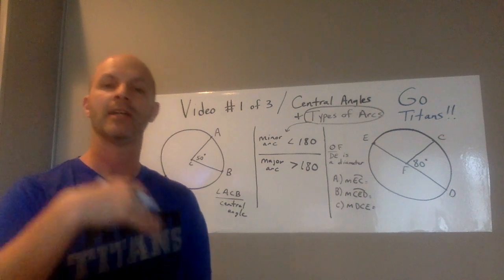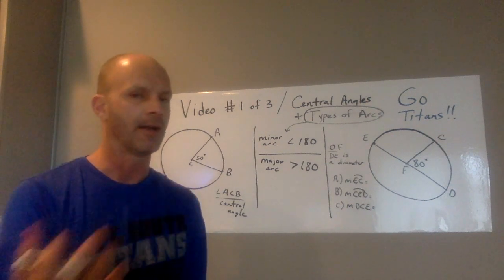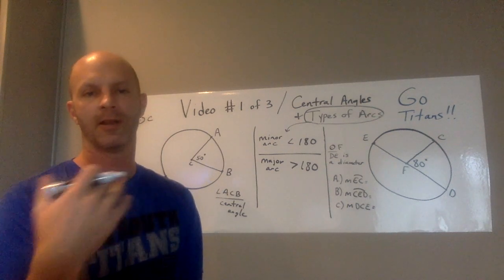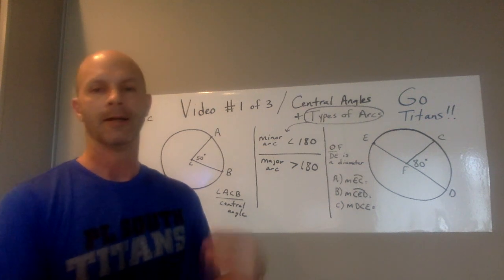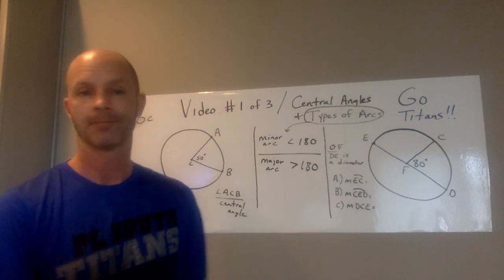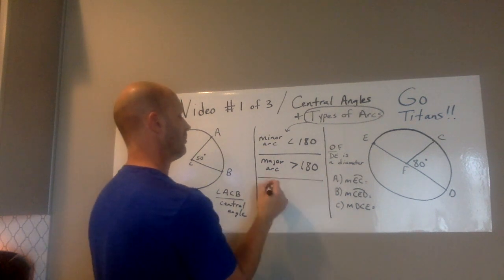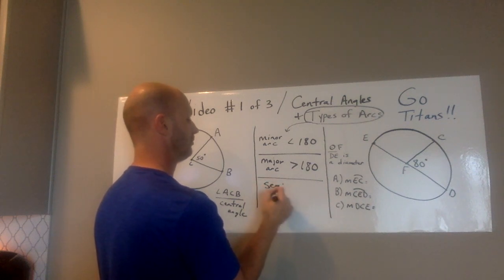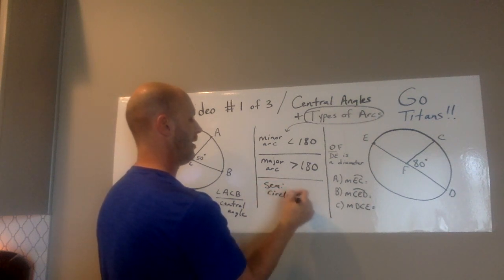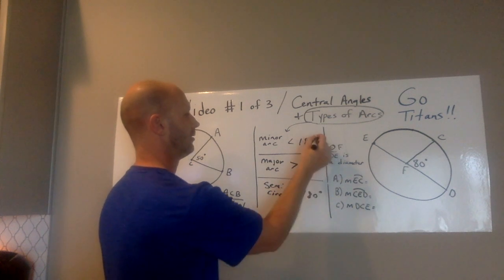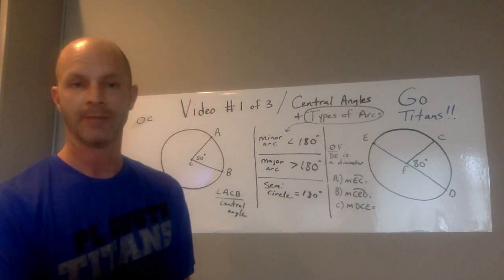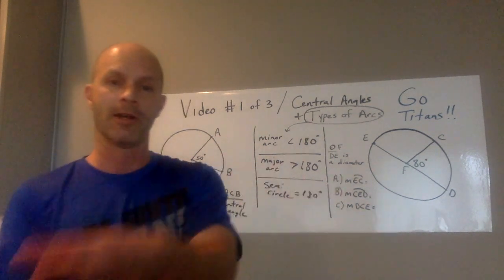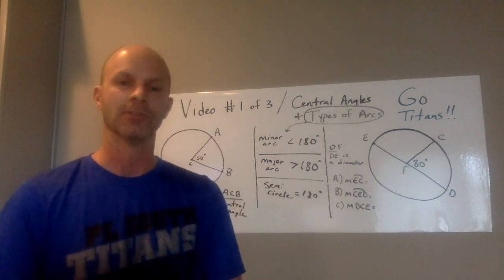Again, not equal to 180, greater than 180, but they're going to be less than 360. So greater than 180, less than 360, that's a major arc. And our last one is going to be a semicircle. And that is when it equals exactly 180. So we've got the less than 180, the greater than 180, the exactly equal to 180.